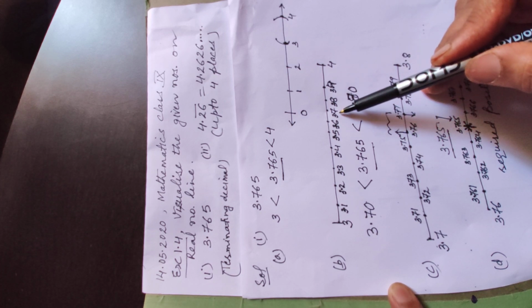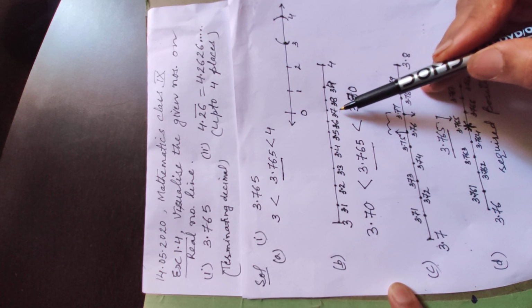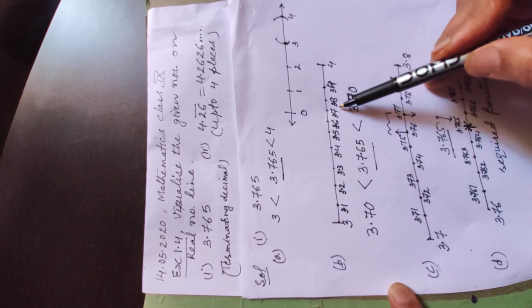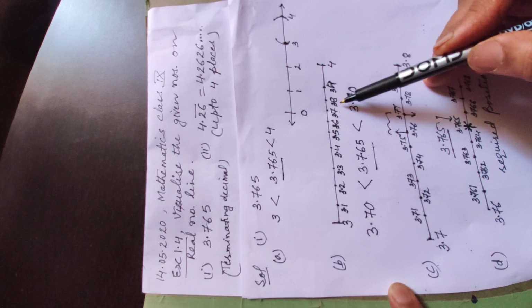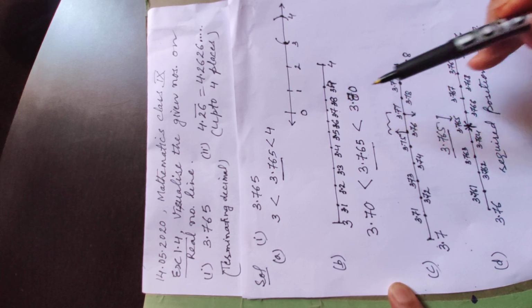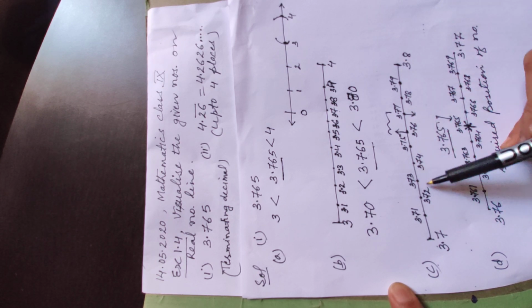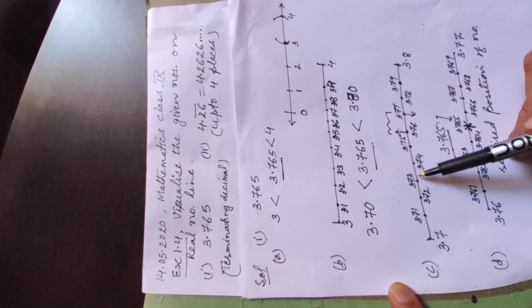So here is the number 3.70 and 3.80. So this particular number lies between these two numbers.